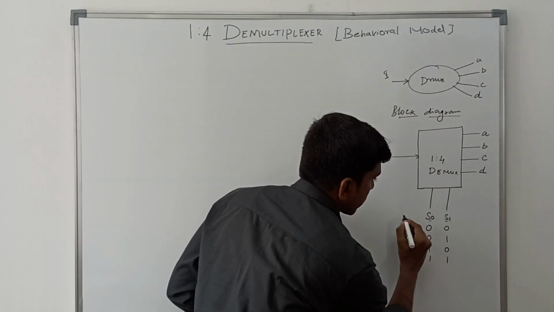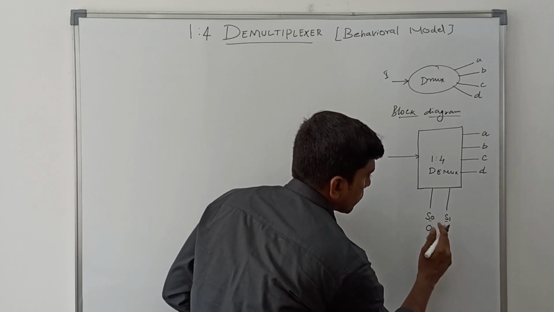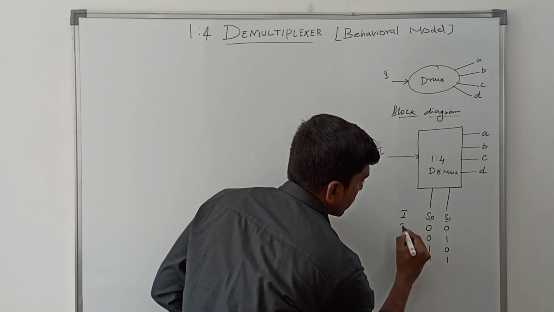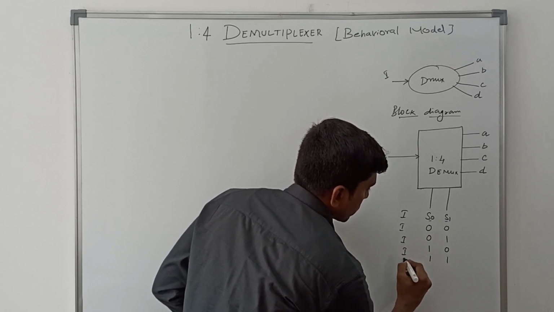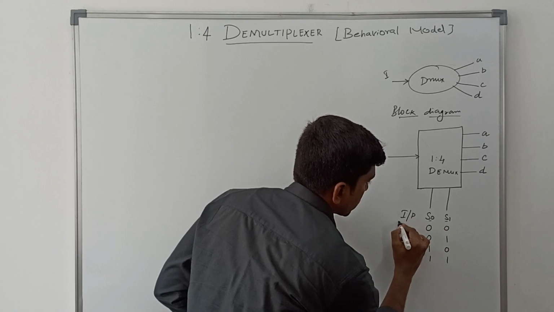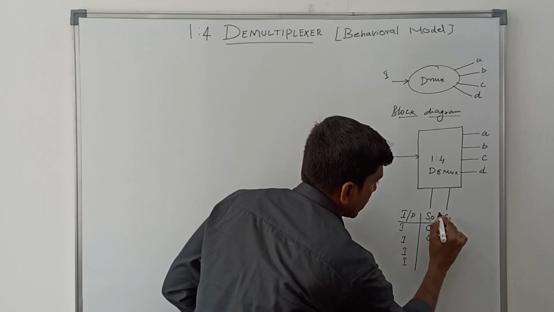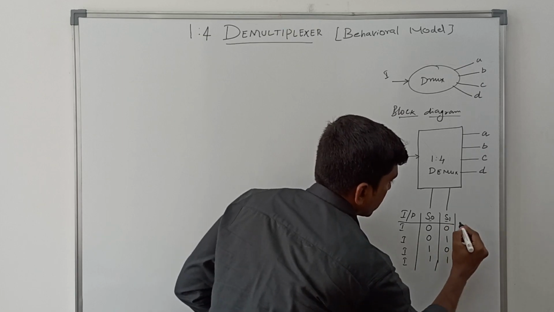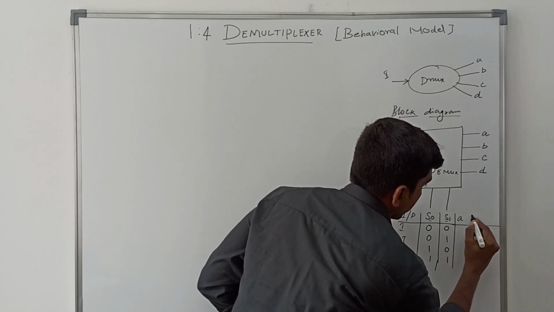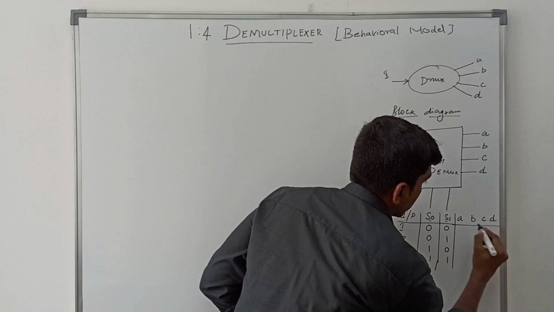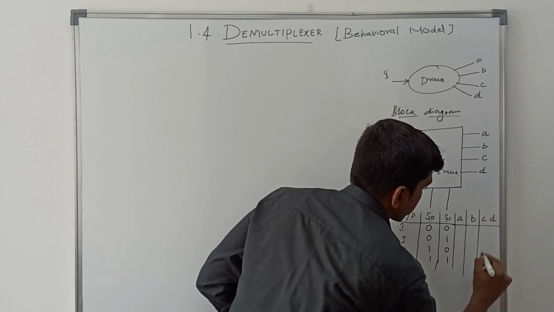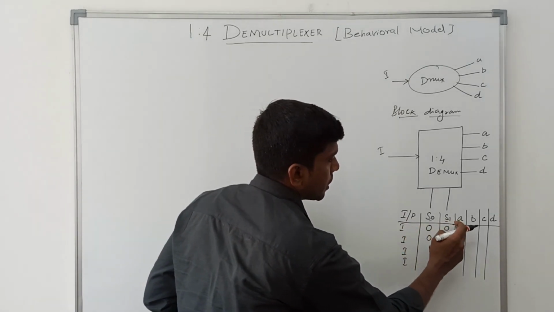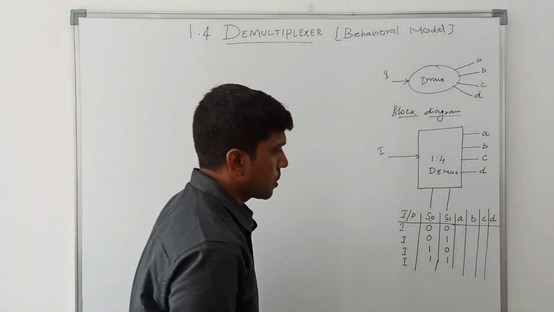For example, I is the input, S0 and S1 are the selection lines, and the corresponding outputs are A, B, C, D. Based on the selection lines, the input value connects to one of the outputs.